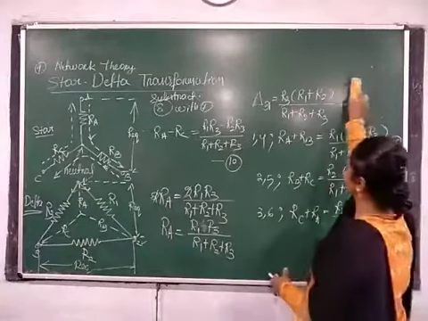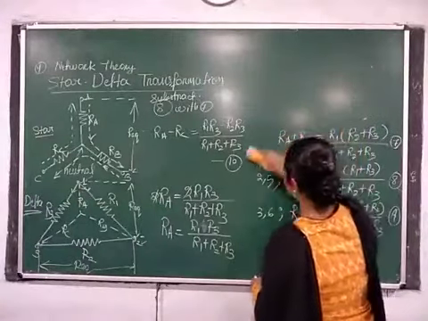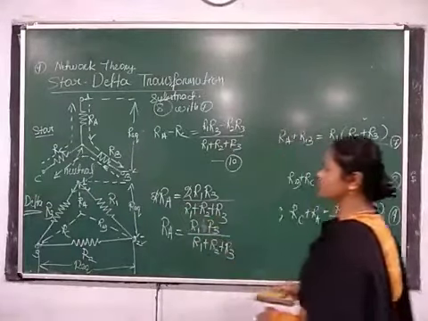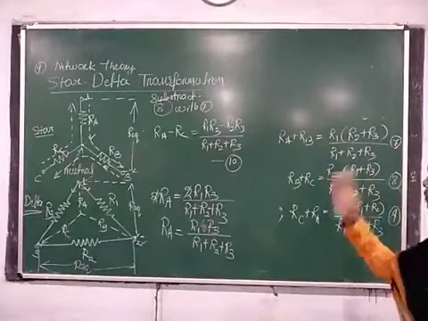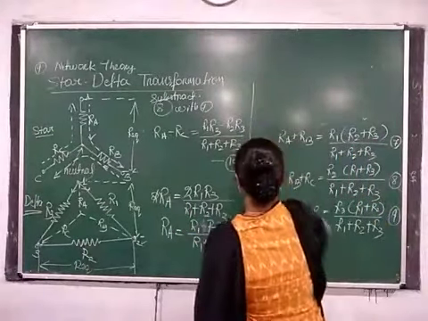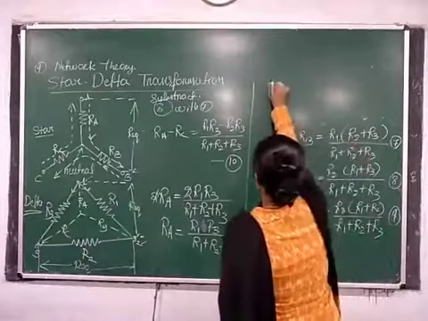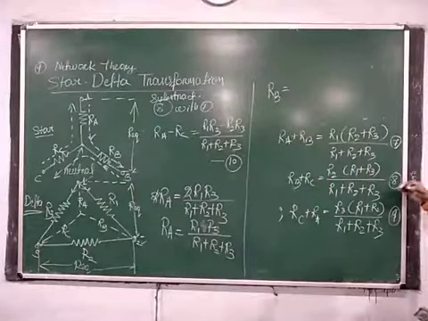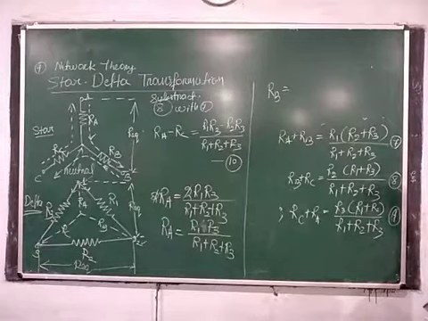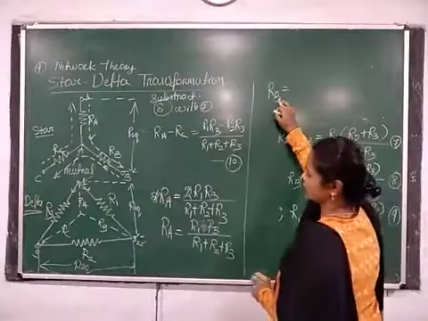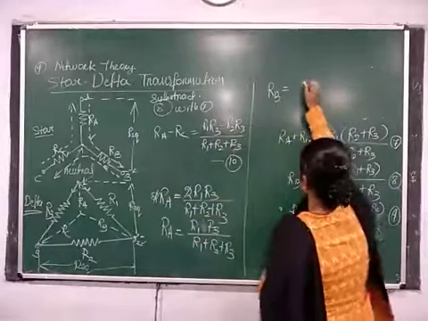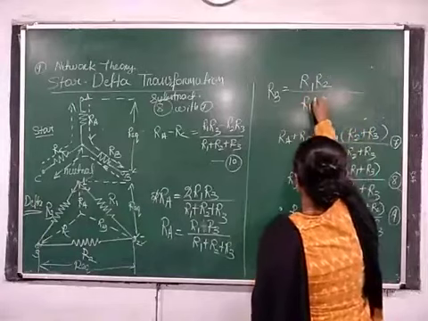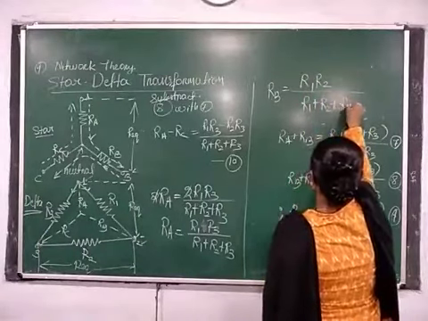Clear? So what result you get? I directly write the result here because one of the star resistances with respect to delta I have already explained, so no need to explain RB and RC. How do I get RB? By subtracting equation 8 with equation 9 and adding the result with equation 7, I get RB, that is R1 into R2 divided by R1 plus R2 plus R3.